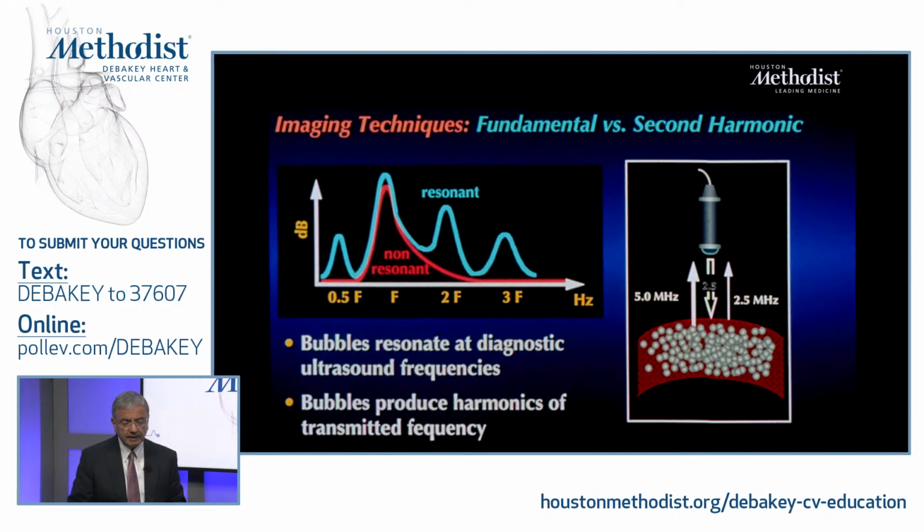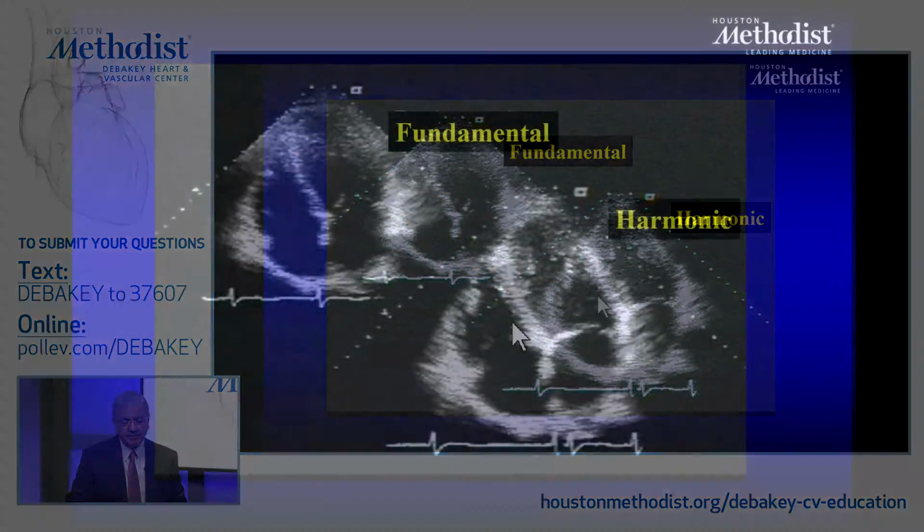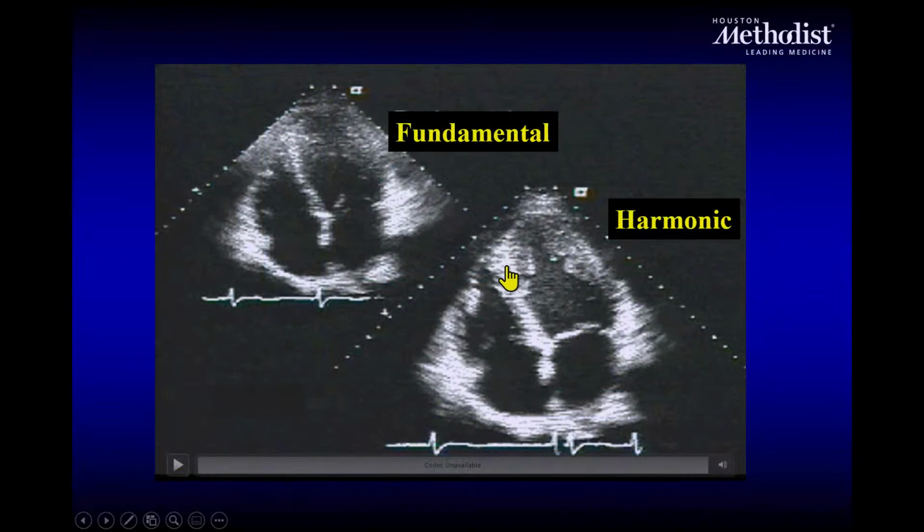And as I mentioned earlier, it was initially not discovered but worked on to try to image contrast and perfusion better, both within the blood cavity as well as the myocardium. And I think nowadays imaging of the heart itself is better, because here you cannot see the apex well, and now this is harmonic imaging, and these are from earlier images. So the images certainly have gotten better and better and better.